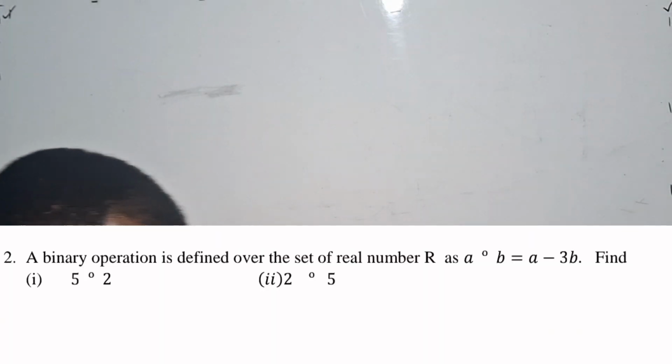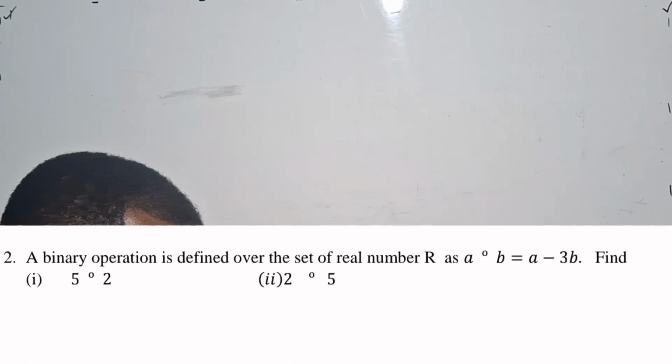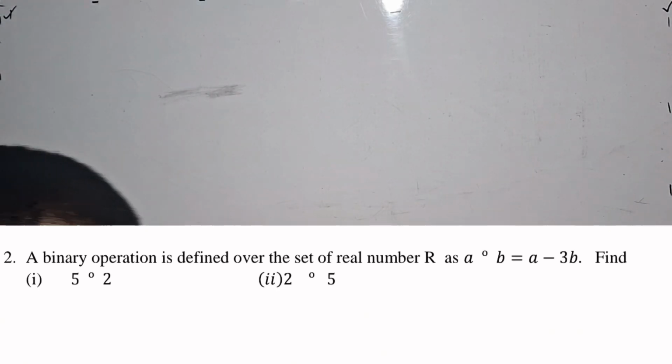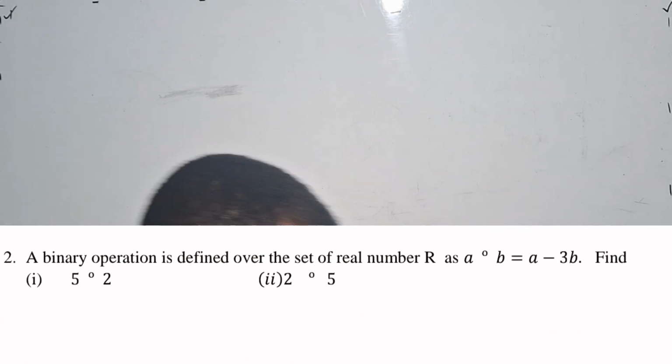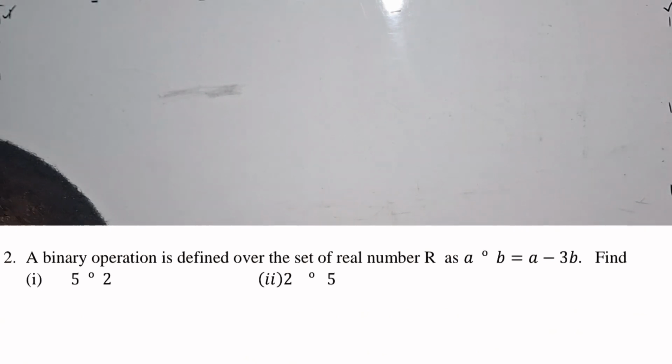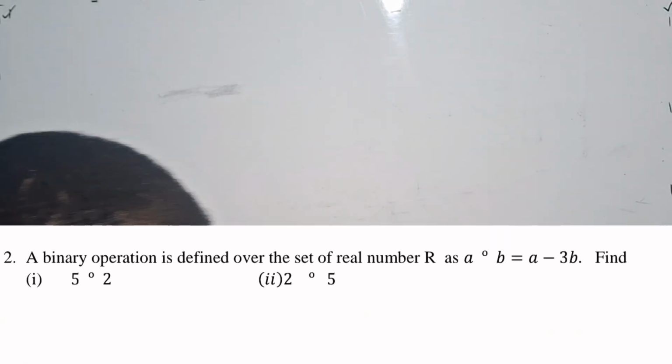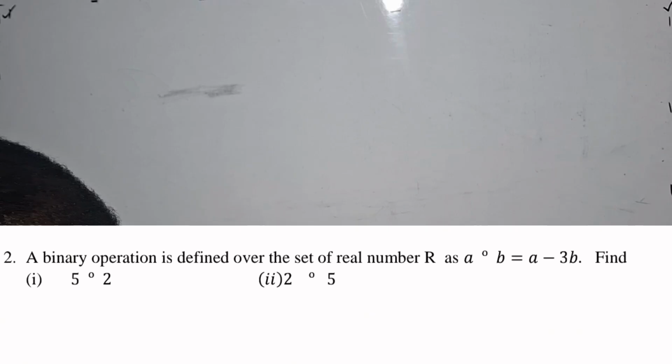The next question says that a binary operation is defined over the set of real numbers R as A operation B is equal to A minus 3B. Find I, 5 operation 2, then II, 2 operation 5. Similar to the first one with a different rule.